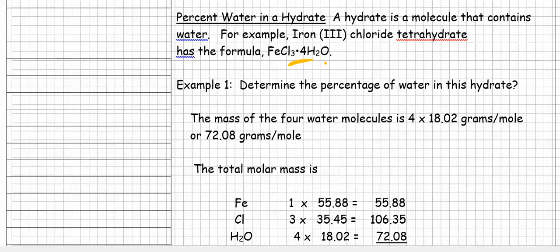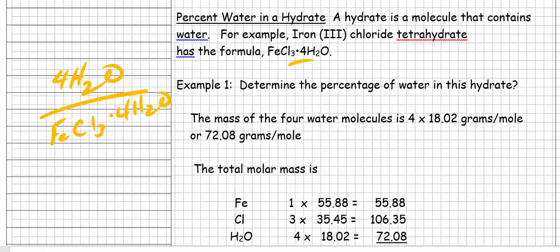So we take the mass of the 4 waters, divide by FeCl3 associated with 4 waters, times 100. Does that make sense?